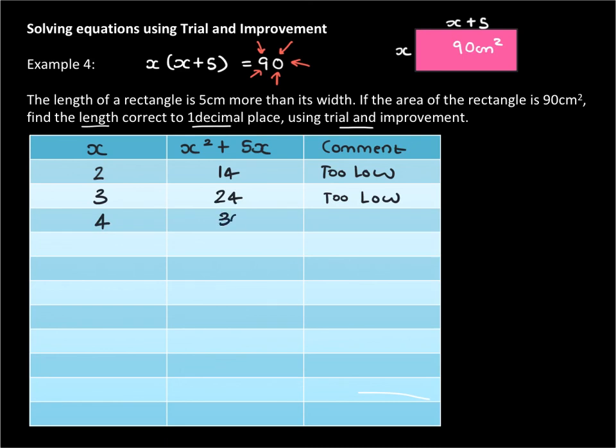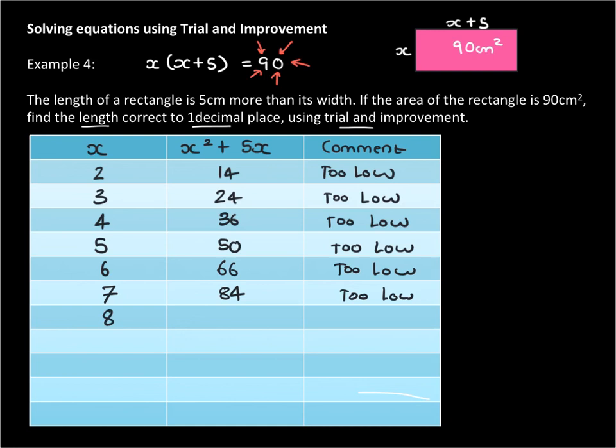So 36, still too low. Let's try 5. 50, too low. Let's try 6, which is 66, too low. 7. 84, still too low. I definitely regret starting with x equals 2 here.